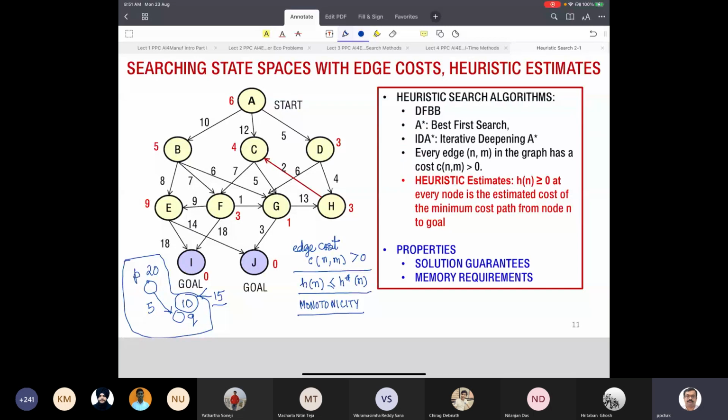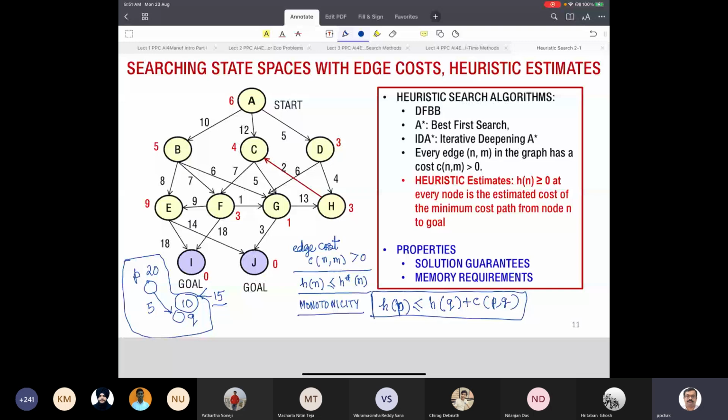So in this case, the monotonicity property is that H(P) must be less than or equal to H(Q) plus C(P,Q). If this monotonicity property holds, it is fine.